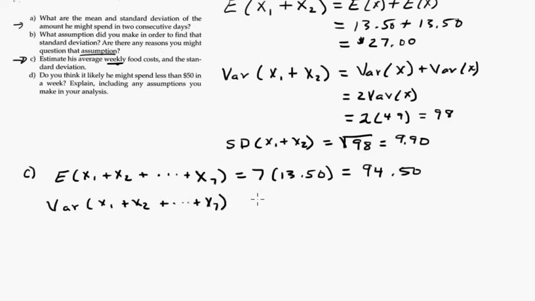Then the variance of x1 plus x2 through x7, well, we just add the variances. Instead of writing it out, I'm just going to be lazy and write it like this: 7 times 7 squared.